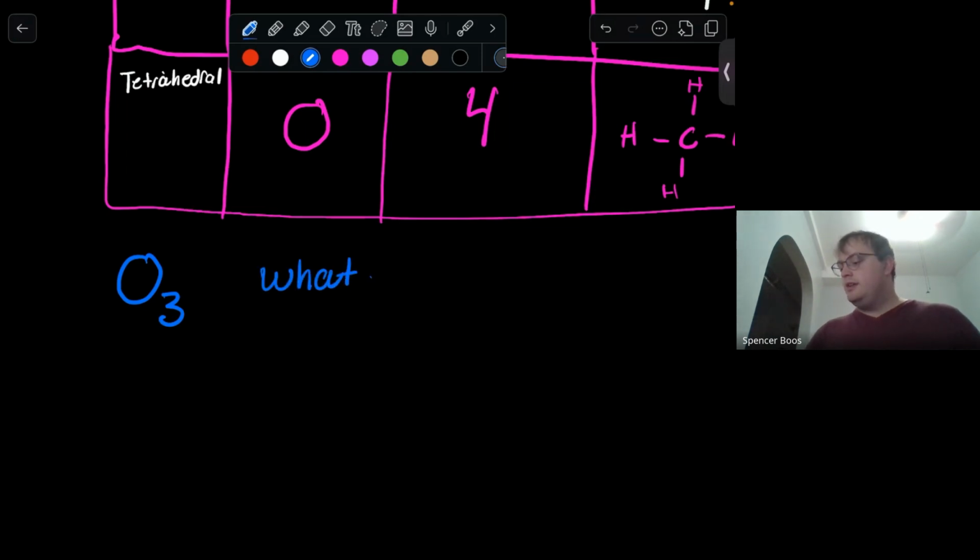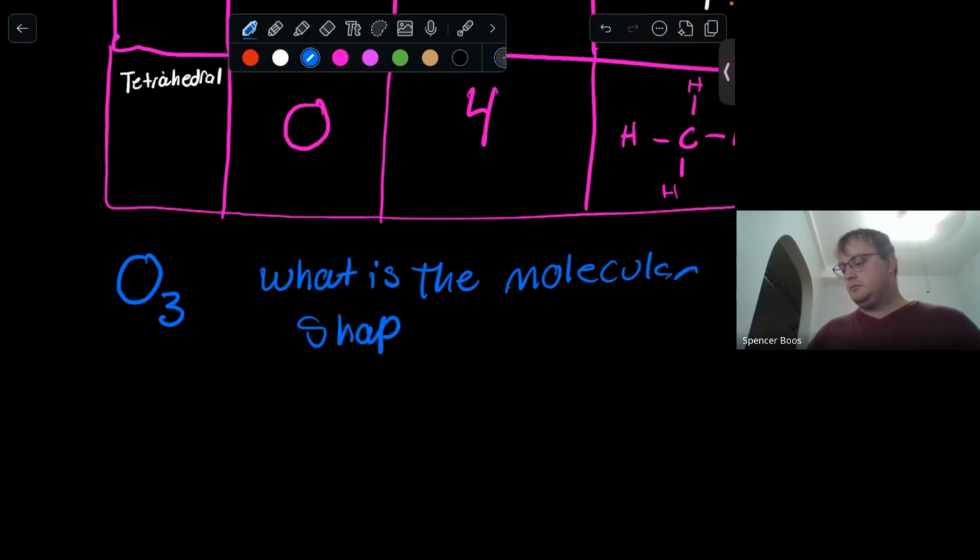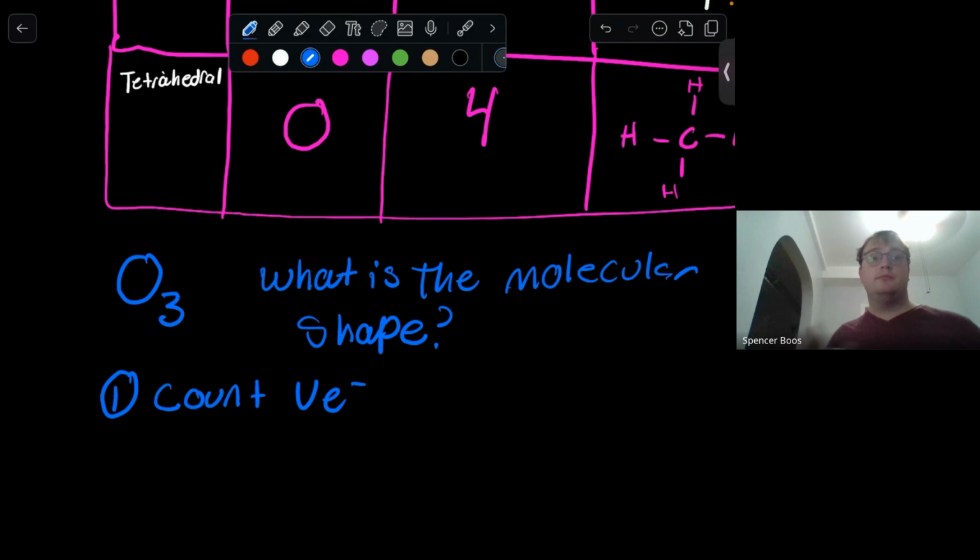What is the molecular shape? All right. Whenever you're determining molecular shape, your first step always needs to be count valence electrons. Always. That's your first step.